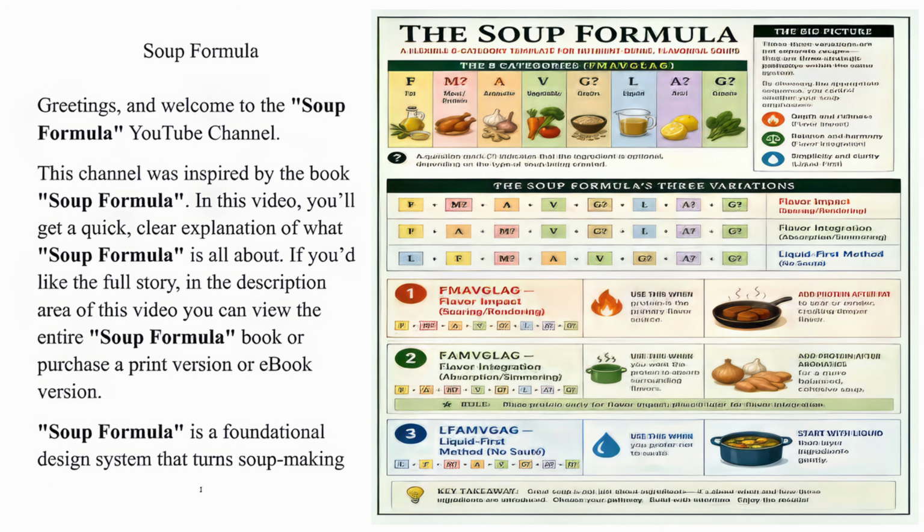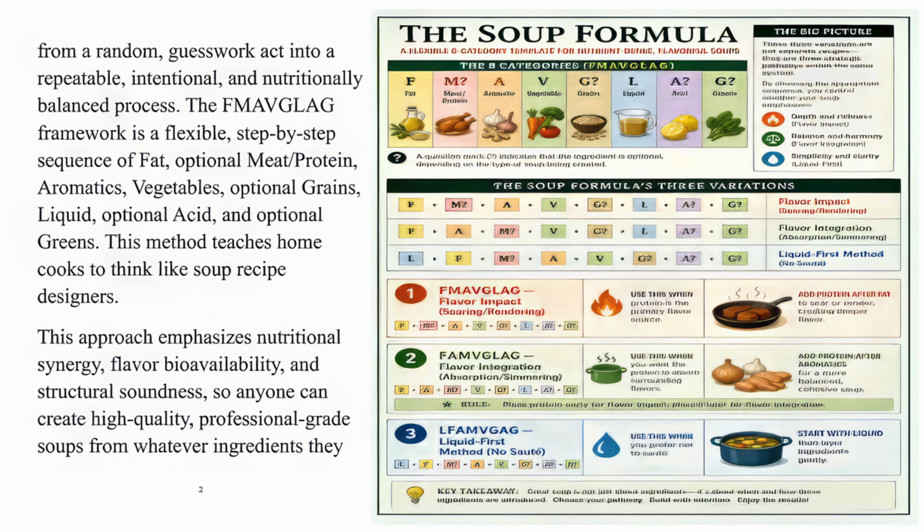Soup Formula is a foundational design system that turns soup making from a random, guesswork act into a repeatable, intentional, and nutritionally balanced process. The FMAVGLAG framework is a flexible, step-by-step sequence of fat, optional meat/protein, aromatics, vegetables, optional grains, liquid, optional acid, and optional greens.